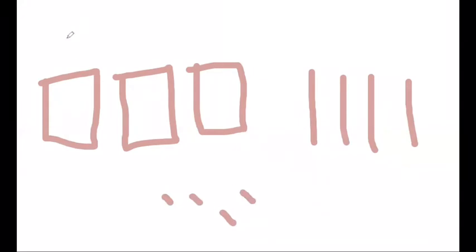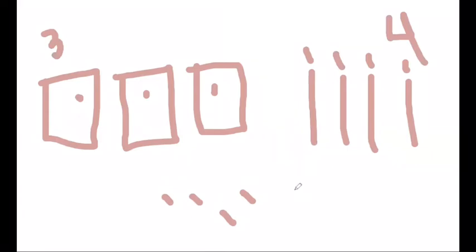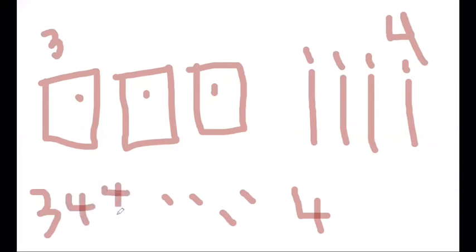So if we look at this example, we have three hundreds, as you can see, 1, 2, 3. Then we have how many tens? Let's count. 1, 2, 3, 4, which makes it 4. And then when we look at the ones, how many do we have? 1, 2, 3, 4, which makes 4 again here. So when we put this number together, we get 344 as our answer.